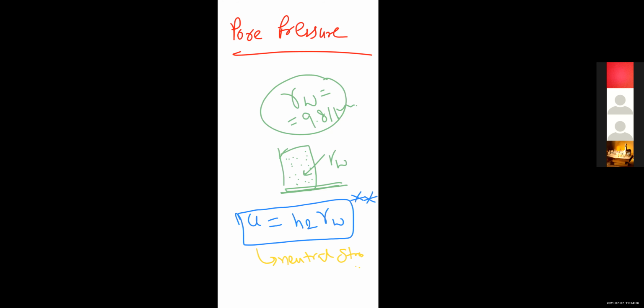Pore water pressure acts in all directions with equal magnitude according to Pascal's law. So due to Pascal's law, it is also called neutral stress, as it acts in all directions with the same value.